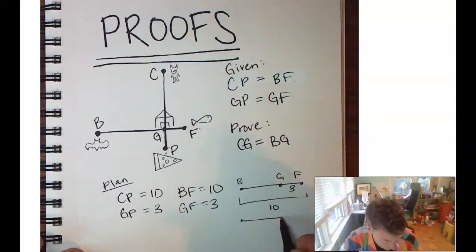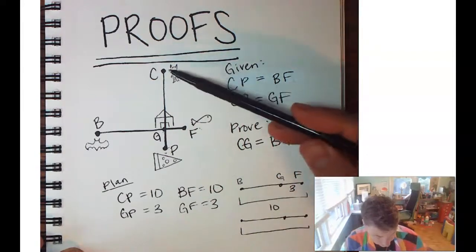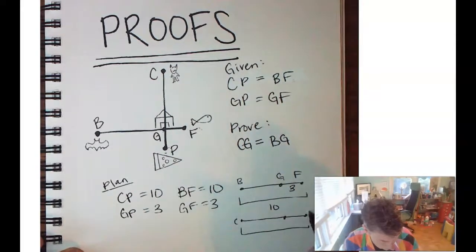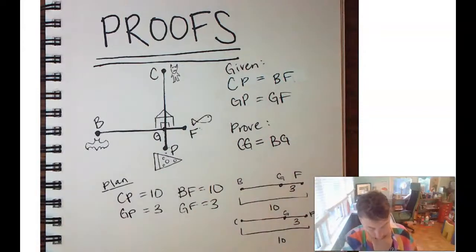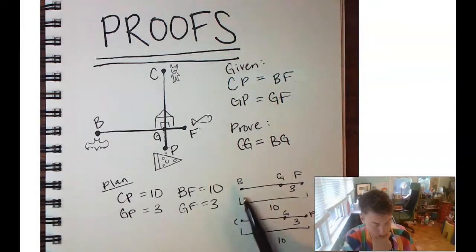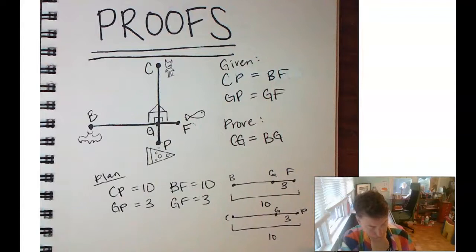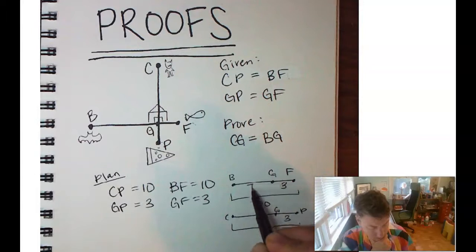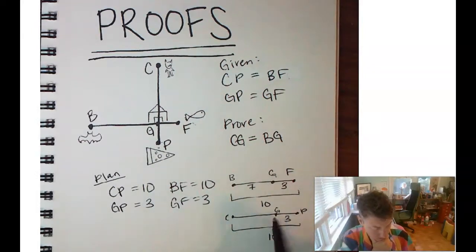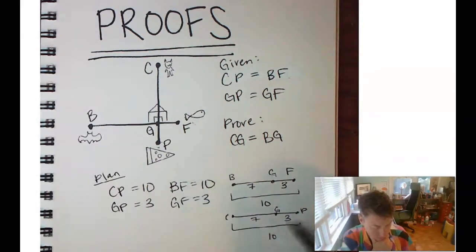And then our other segment that we have is that CP was also 10 and GP was 3. So, is it the case that CG and BG are the same distance? Well, if this is 10 and this is 3, this would have to be 7. So, yes.